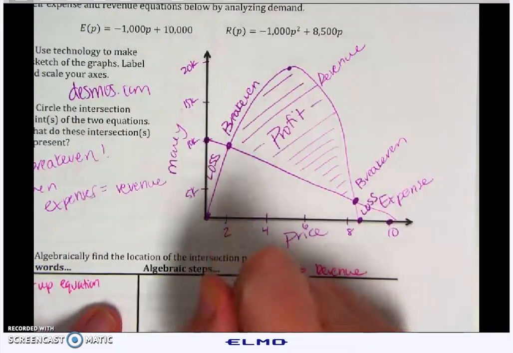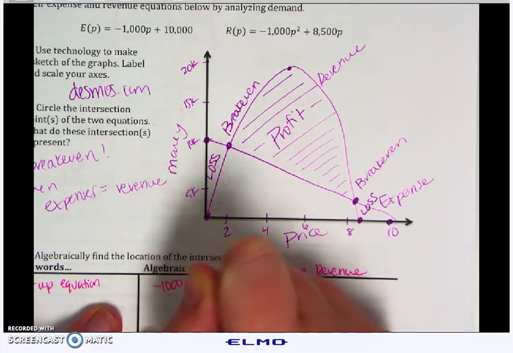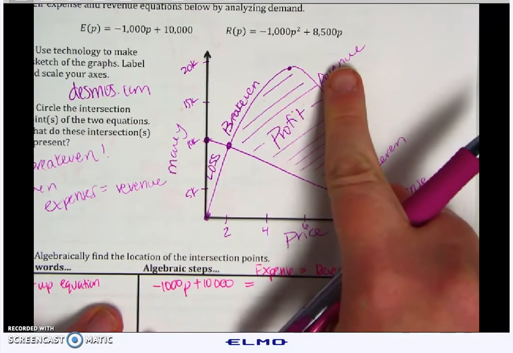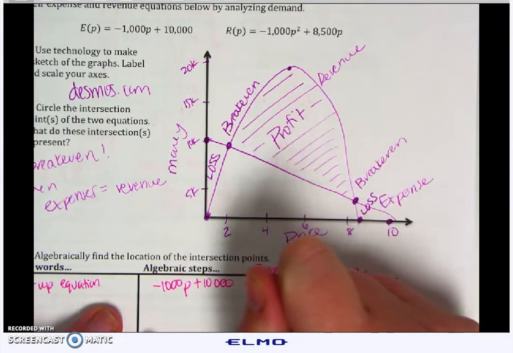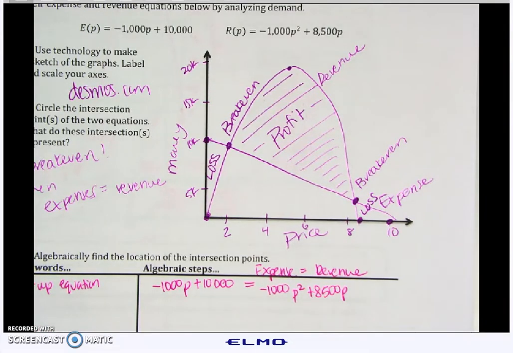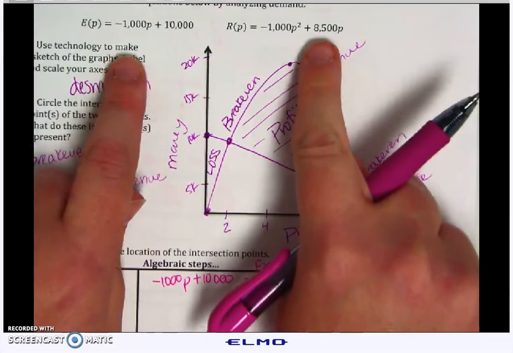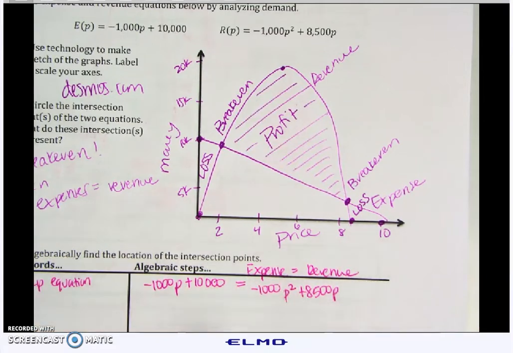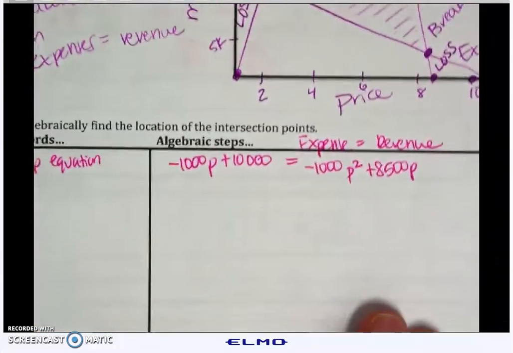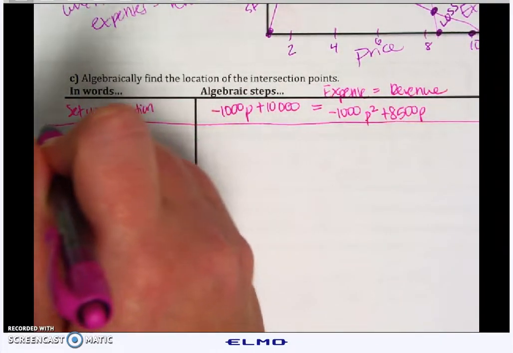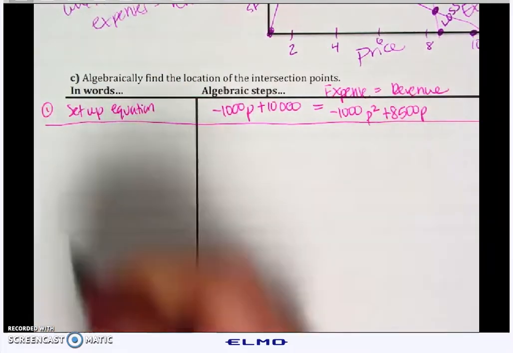Expense is negative 1,000 P plus 10,000, and then it will equal the revenue calculation, negative 1,000 P squared plus 8,500 P. So I took the two calculations from before and set them equal to each other, because we're finding break even where expense equals revenue. Step 1 is done.